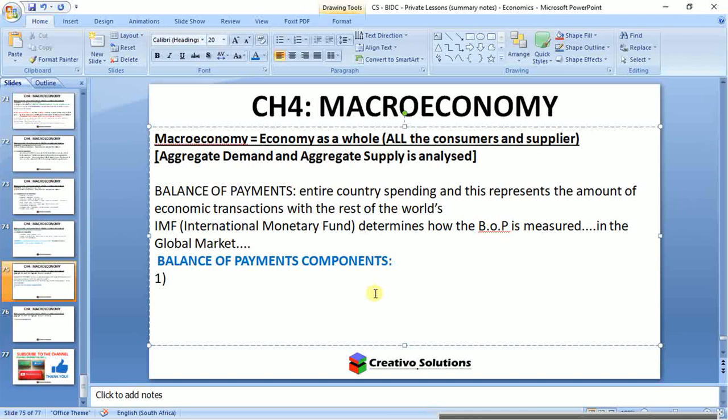Okay, so the first one, number 1, trading goods. Goods being bought and sold between countries.